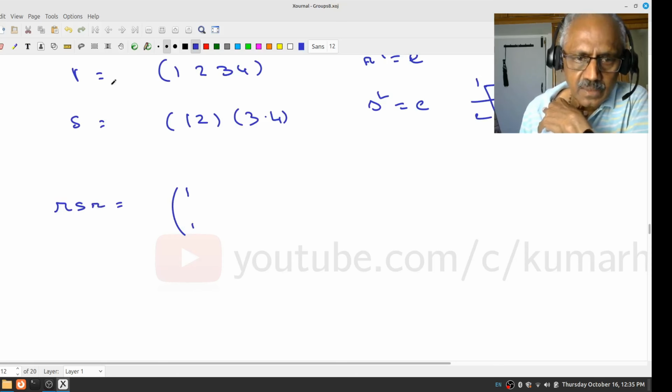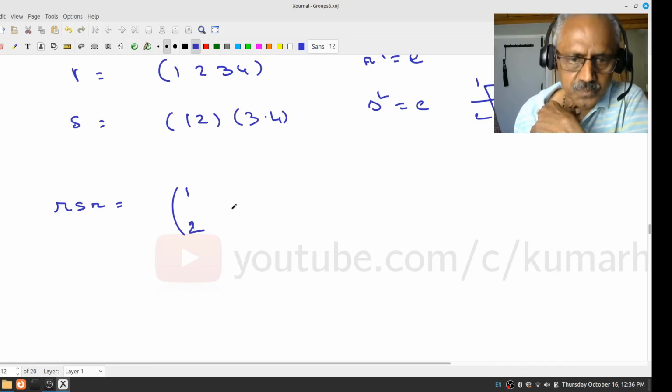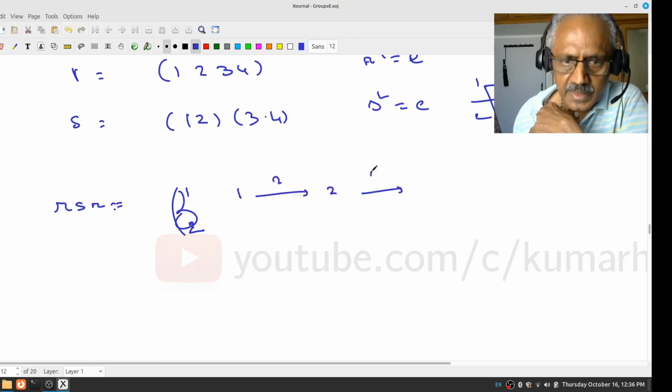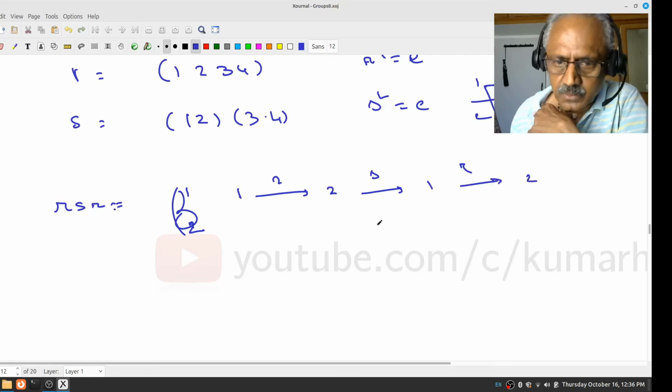See, under R, 1 goes to 2, under S, 2 goes to 1, and again under R, 1 goes to 2. Are you following? So 1 goes to 2 under R, under S it goes to 1, under R it goes to 2.